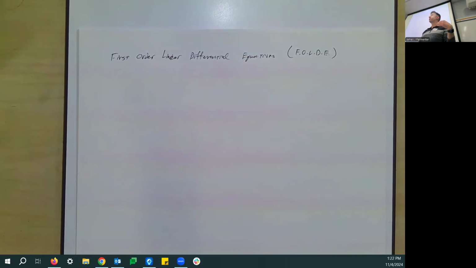So this is the other method. It's either going to be separable or it's going to be this if you're asked to solve it. There could be other differential equations you're faced with where you might be asked to verify something's a solution. Those could be anything. But if you're asked to solve a differential equation, we only have the methods available to us to either solve separable ones or to solve first order linear.